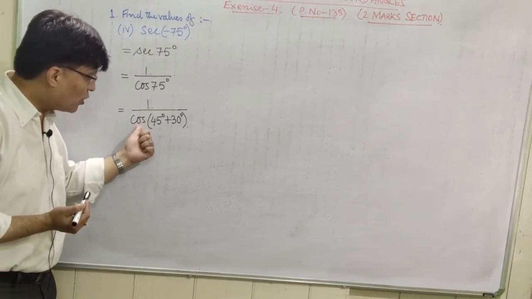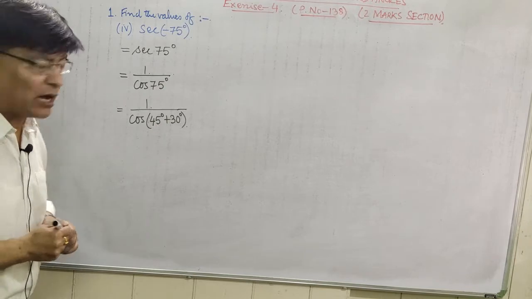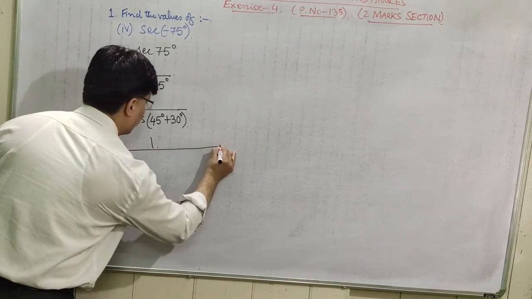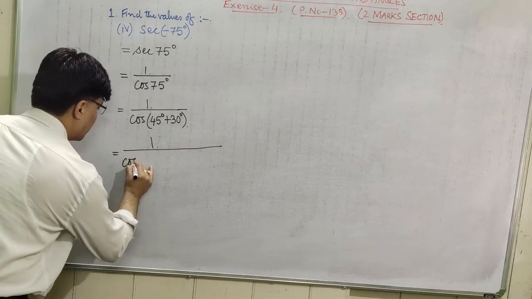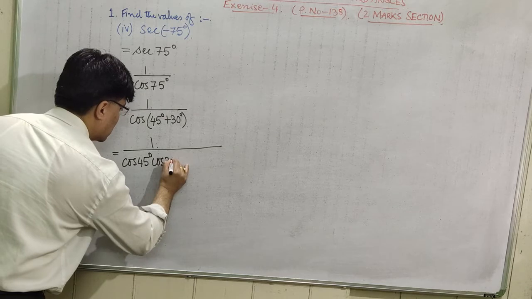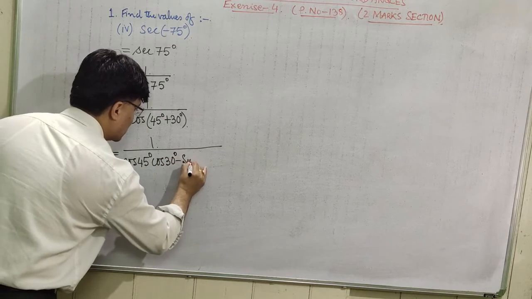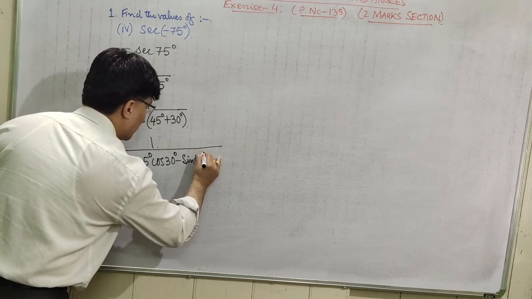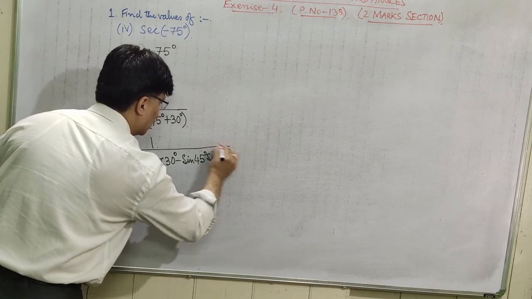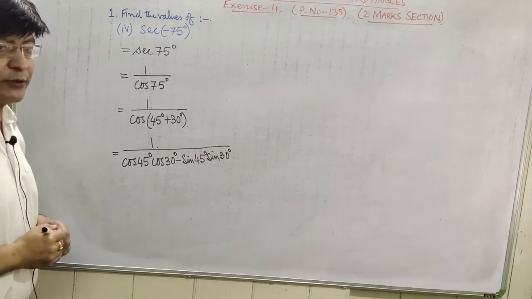You can use cos of a plus b now. So which is equal to 1 upon, what is cos of a plus b? Cos a, cos 45 degree, cos b, cos 30 degree, minus sin a, sin 45 degree, and sin b, that is your sin 30 degree. So I think you have understood it.